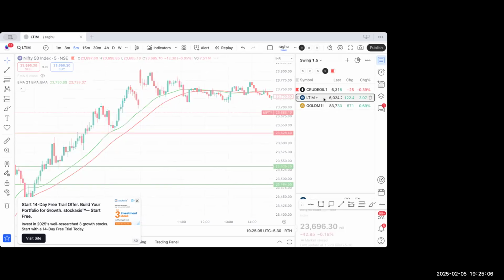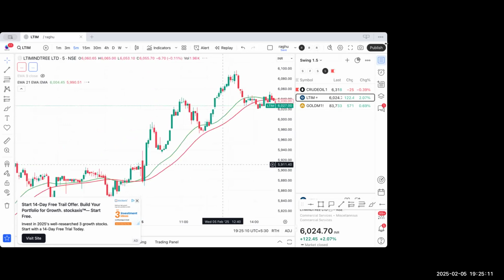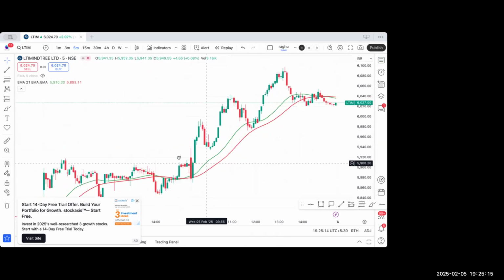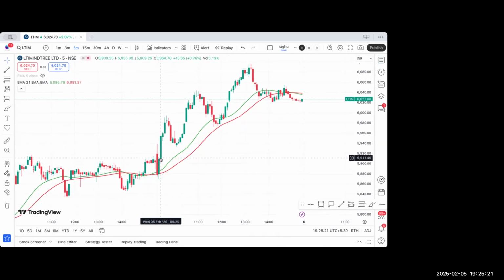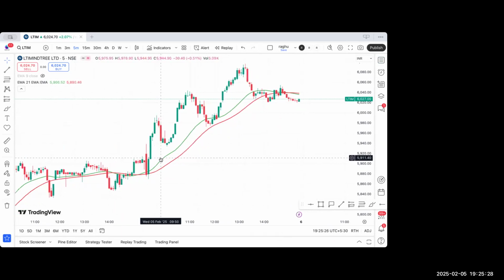Let's open LTIM. Today's trade, correct? One was the best trade for today. So around 100 points is what we got in that trade. So in the morning around this breakout, I had given this trade, correct? If anybody can check what time I have given that trade, you can let me know.